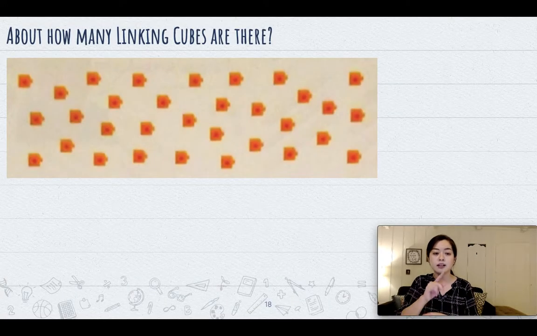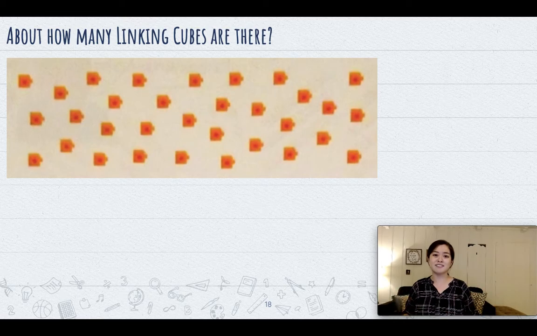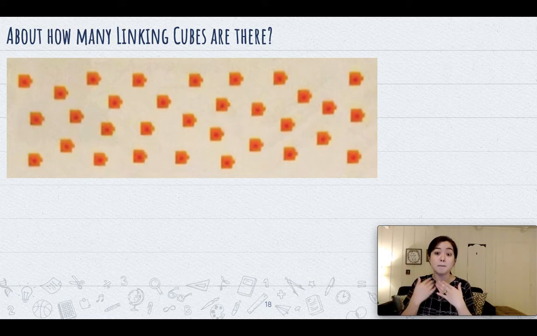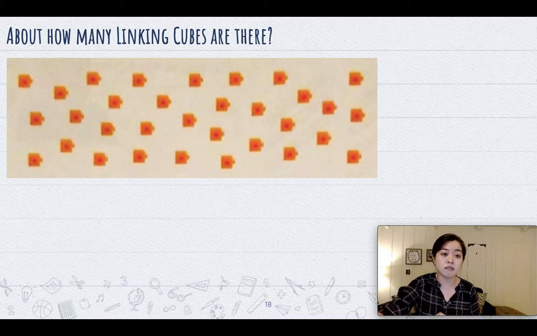All right, now let's look at this picture. How many linking cubes are there? Can you just take a guess randomly? If you want to not estimate, but tell me the actual amount of linking cubes, you can count like, 1, 2, 3, 4, 5, 6, 7, 8, 9.